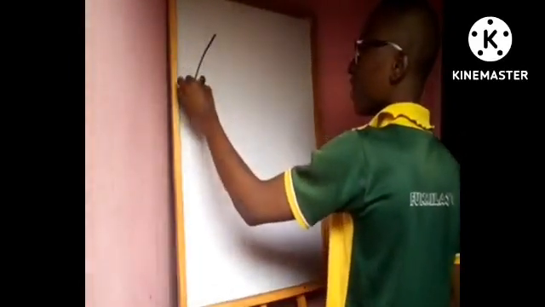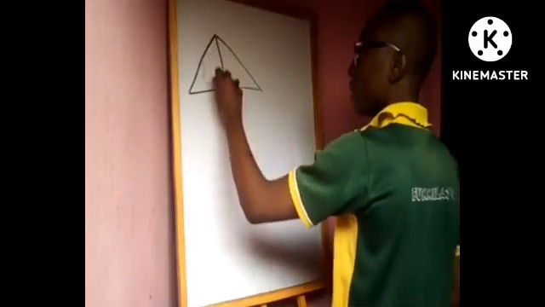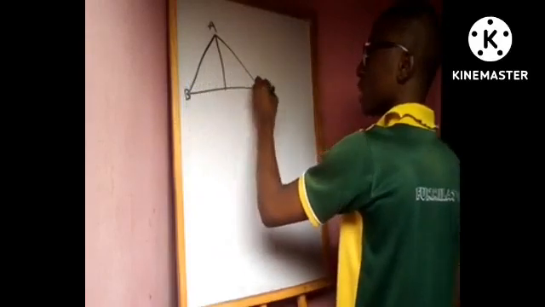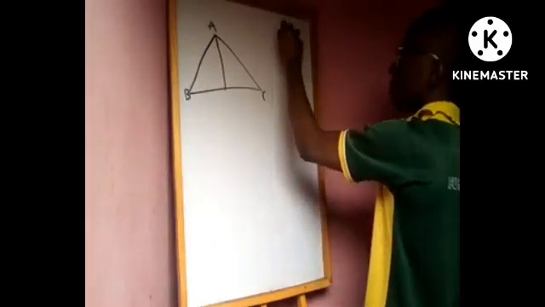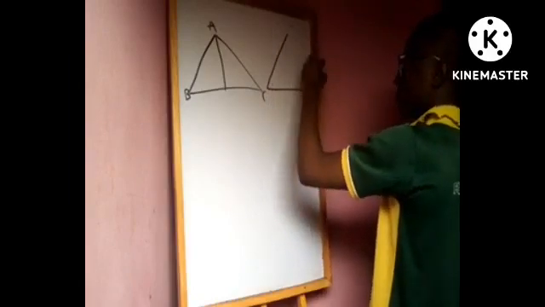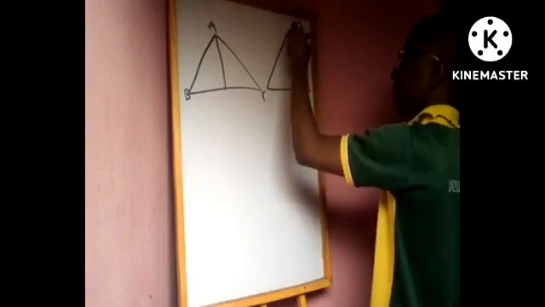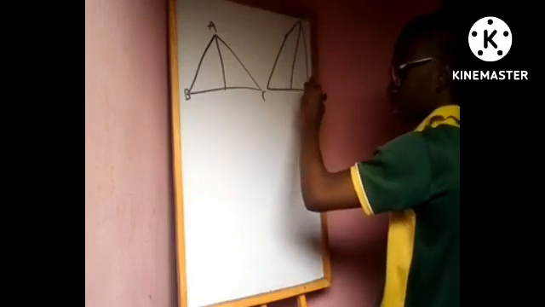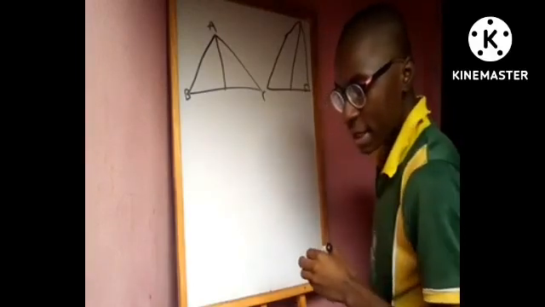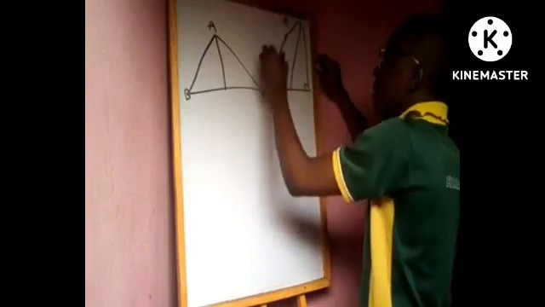For example, if we have a triangle A, perpendicular, we have triangle A, C. I also have another triangle. This is just a sketch, though. So this is ABC, and this is also ABC.